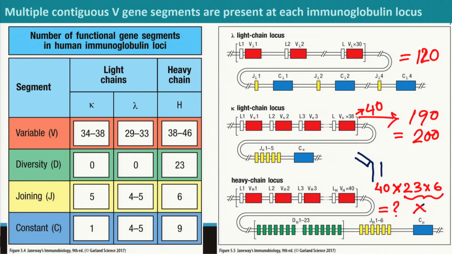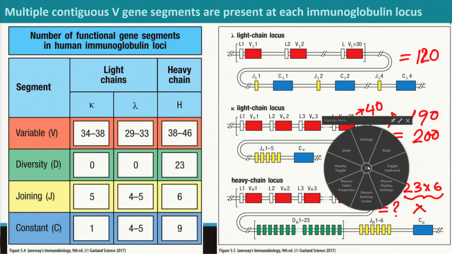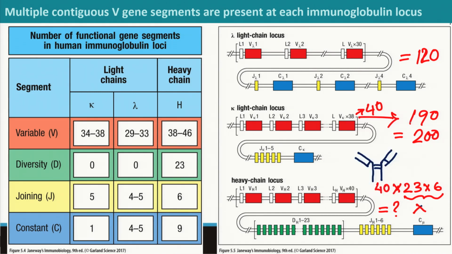The same thing is repeated here: one heavy chain, one light chain, and they are also linked. So in any antibody there is one light chain and one heavy chain, and finally the heavy chain and light chain combination is a dimer.